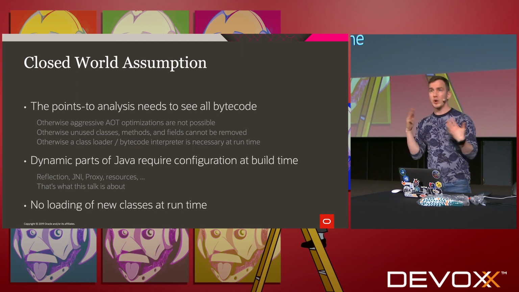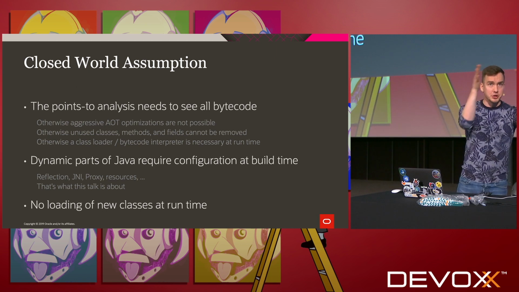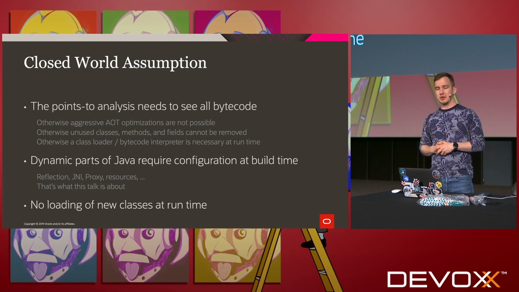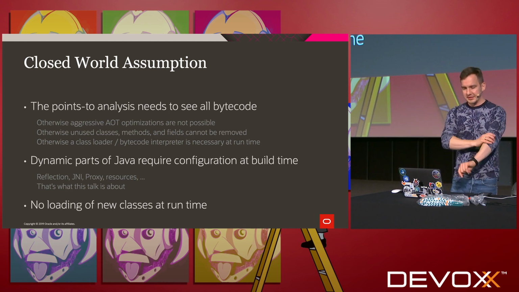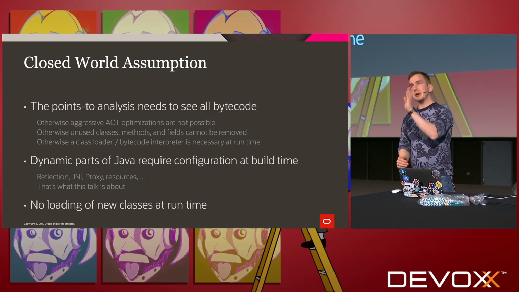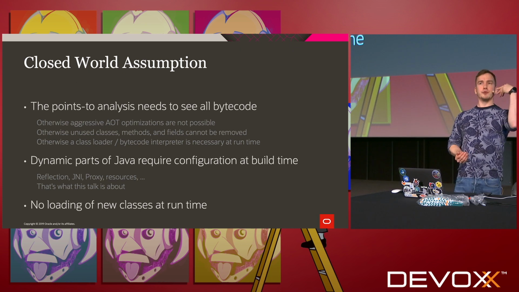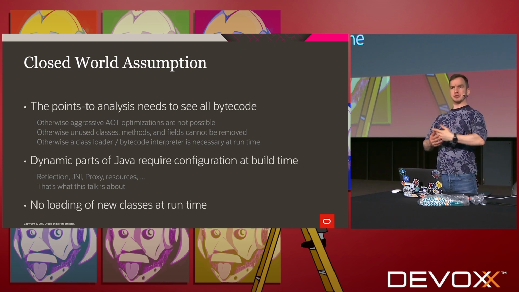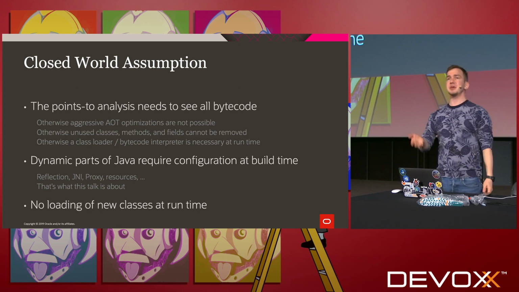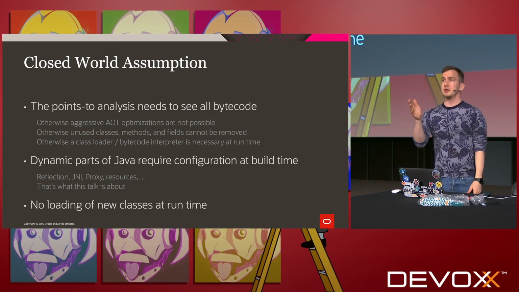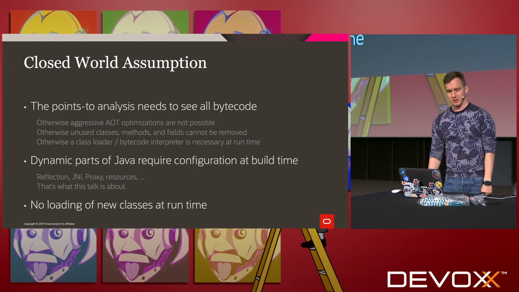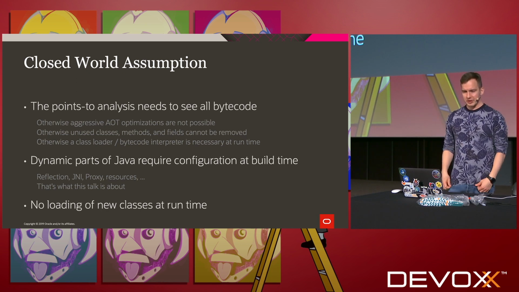So there is no possible way, at generation time, statically, without executing code, to figure out the reflection usage. Or proxies, or some other things. But the closed world assumption is not there just for fun, because someone thought, like, I should make engineers struggle with providing me additional configuration. It's there because it allows the AOT compiler to make more aggressive optimizations and output better code for a number of reasons.